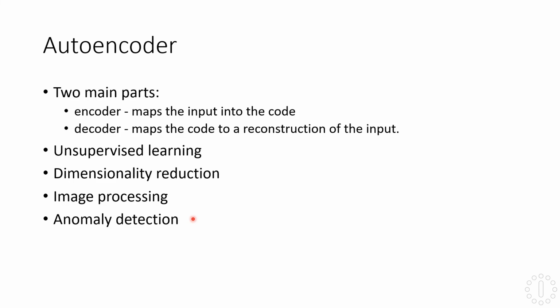So all of these neural network types that we saw can be combined. A neural network can have both convolutional and LSTM layers, for example, and autoencoders can also contain convolutional layers.